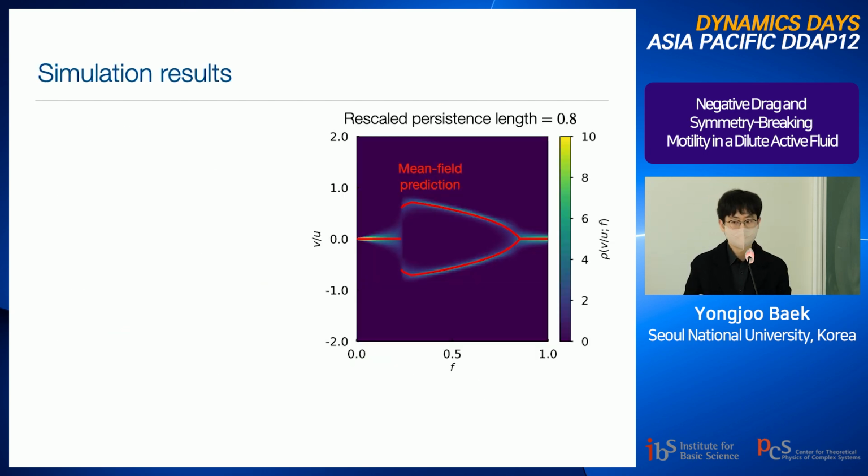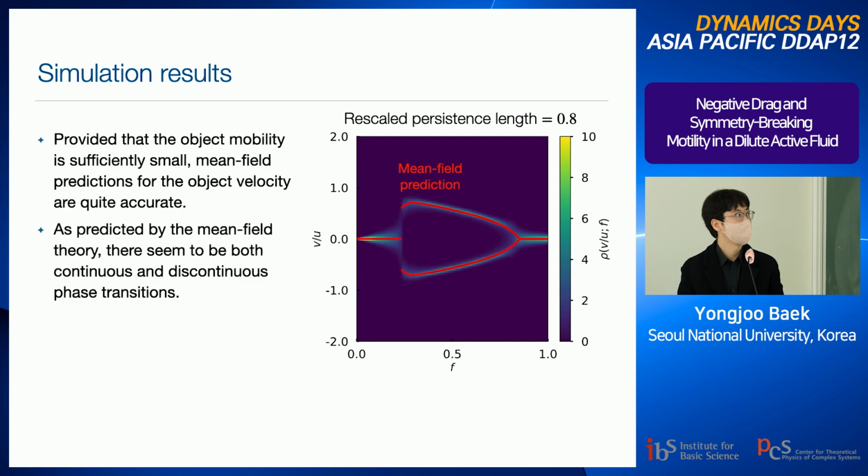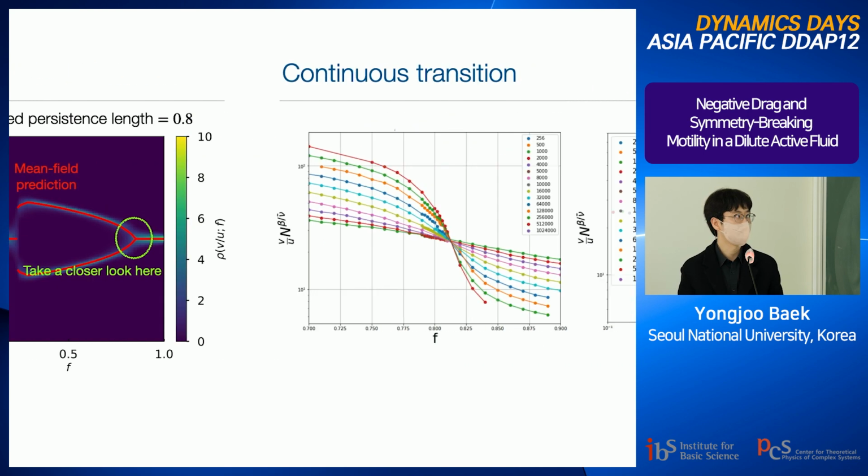These are all just mean field approximations, but we can really check that these happen using our numerical simulation. What you see here is that by making the object mobility coefficient very, very small, you can actually go to the regime where the mean field prediction looks very good. And as a function of the interaction strength, you can see both continuous and discontinuous transitions.